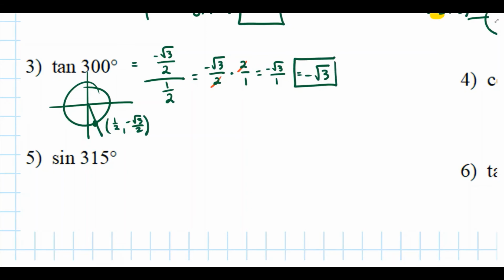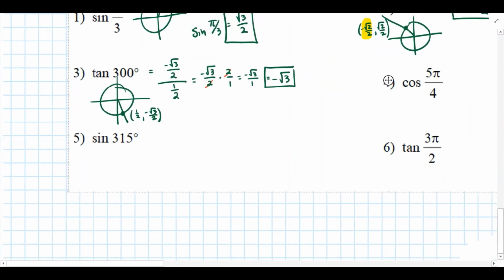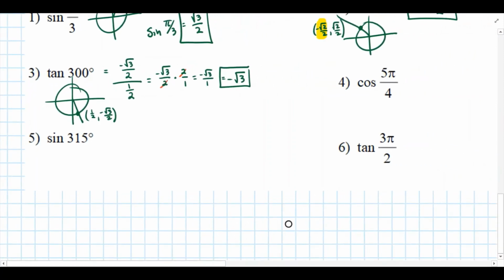Should you encounter a fraction with a radical in the denominator, it is good practice to rationalize the denominator as you simplify. In this case, however, we simplify to the opposite of the square root of 3. Please pause the video now and try the last 3 on your own. Resume playback in a moment to check your work.